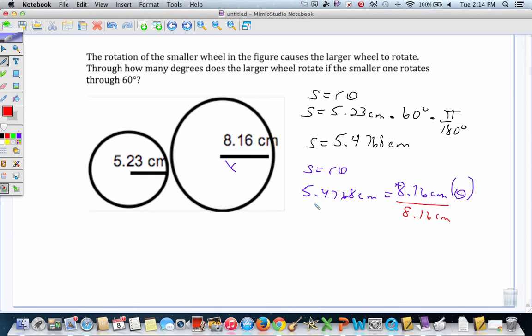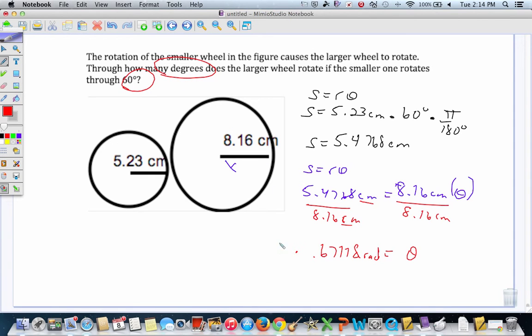Oh, you can see here we have the same unit of measure on both sides, so I can divide by 8.16 centimeters to find out what theta is going to equal. And when I divide by that, I get 0.67118. Notice the label of centimeters would cancel, so I'd have that unwritten label of radians.